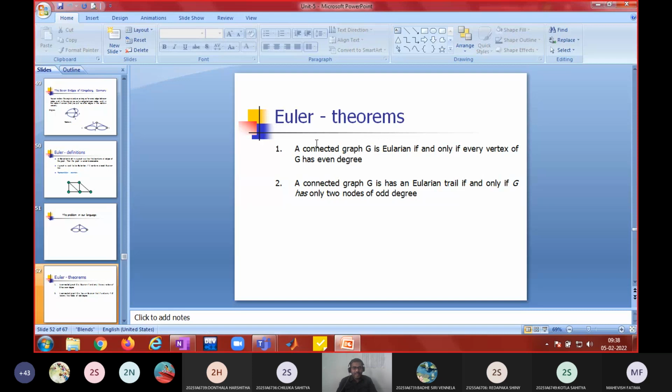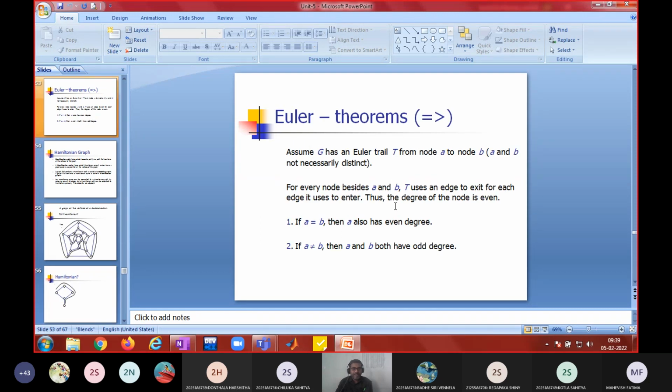That is what these two theorems are telling. Even if you see one odd degree vertex, it cannot be Eulerian. And if there are exactly two odd degree vertices, then it will definitely have an Eulerian trail.